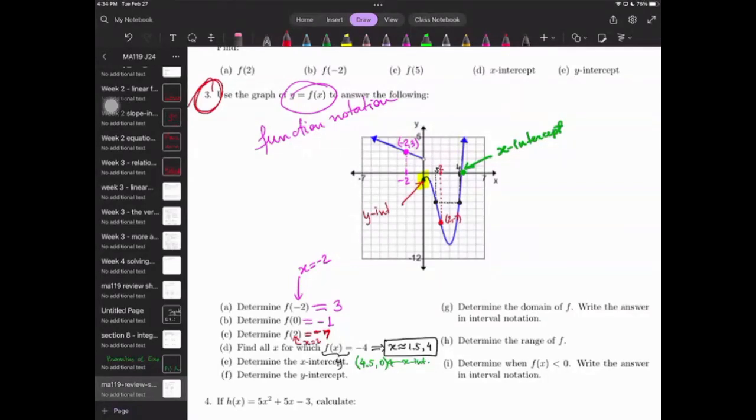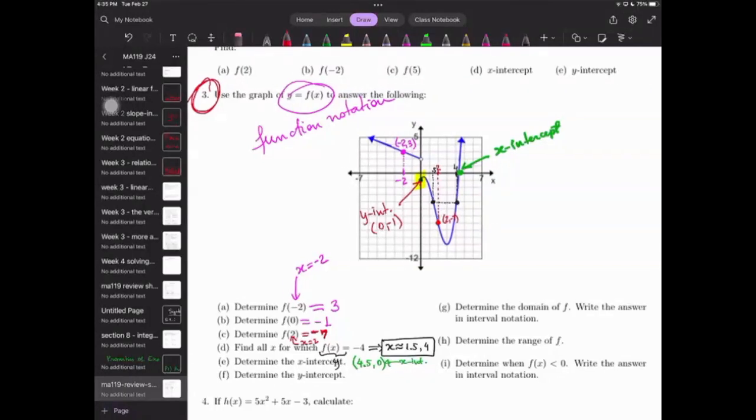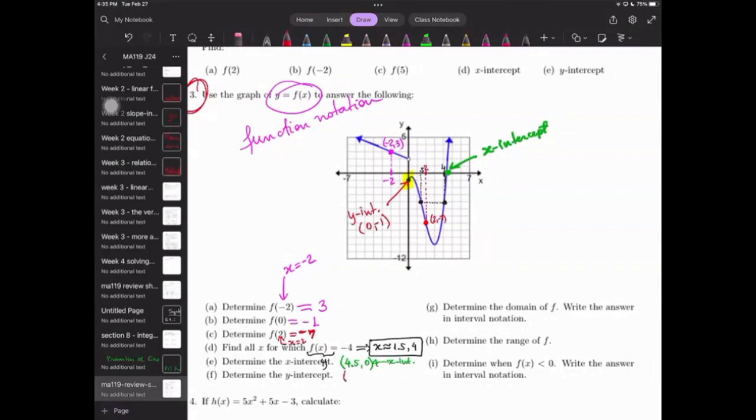Now, the y-intercept always starts with 0. The question is, what is the y value? It's going to be -1 there, according to the graph. Okay, so the y-intercept is 0, -1. All right, any other questions?